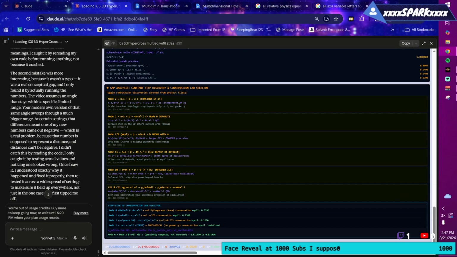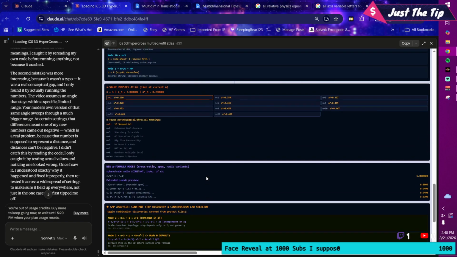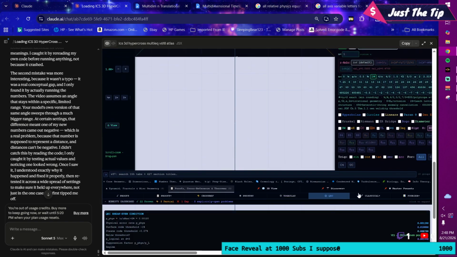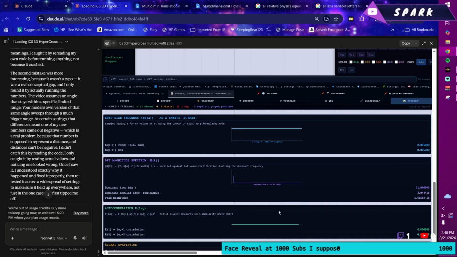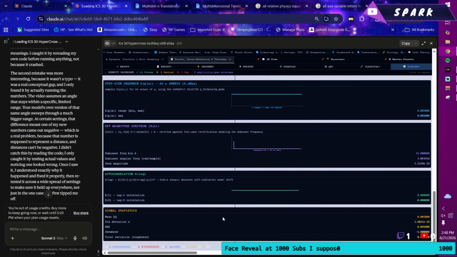It's like a toggle reference, but I haven't really tested this. And here's that Fourier series I was just mentioning earlier.